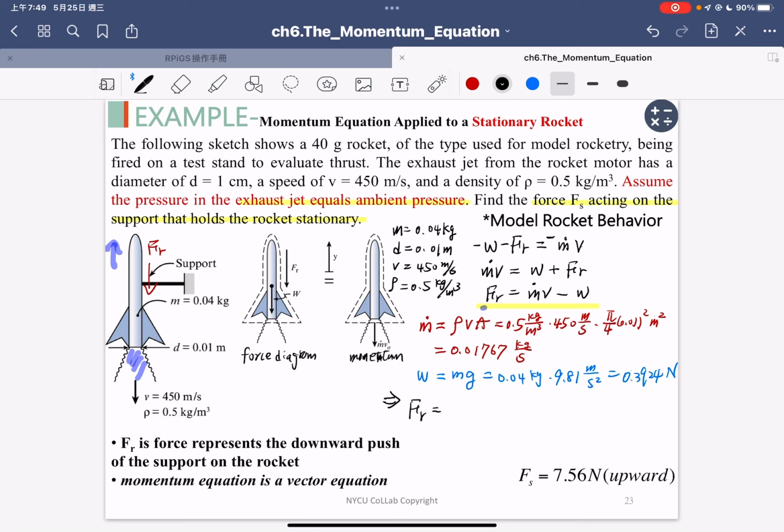Fr will equal the mass flow rate 0.01767 kilogram per second multiplied by the velocity 450 meters per second, minus 0.3924 Newton. You can use your calculator to compute the answer.